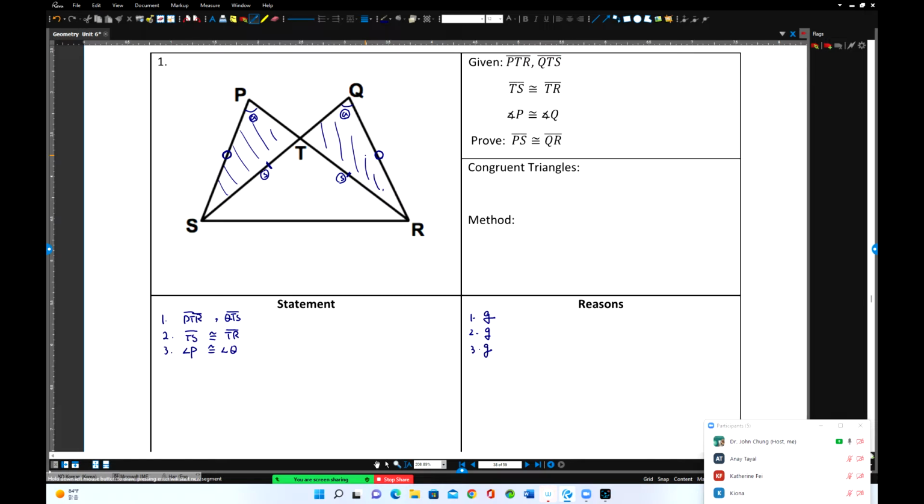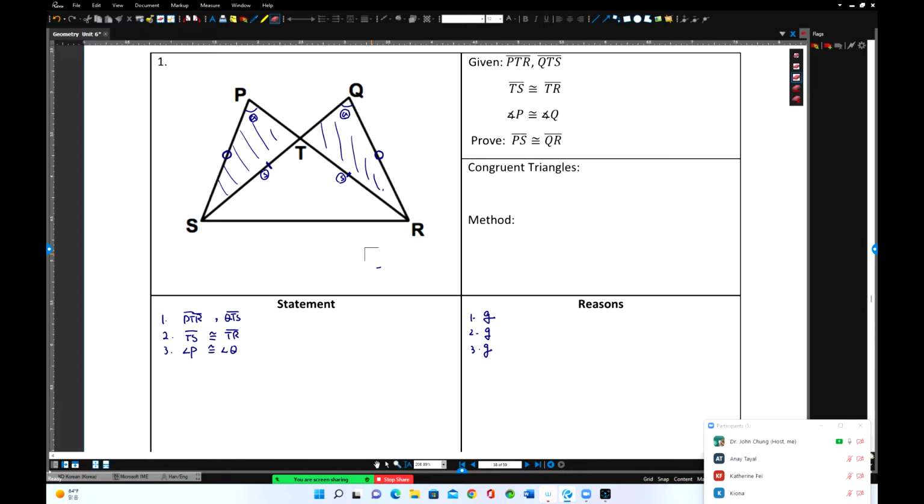Or you can take triangle PSR, the big one, and the other one, and prove these two triangles congruent too. But I think this is better. We'll try this one.